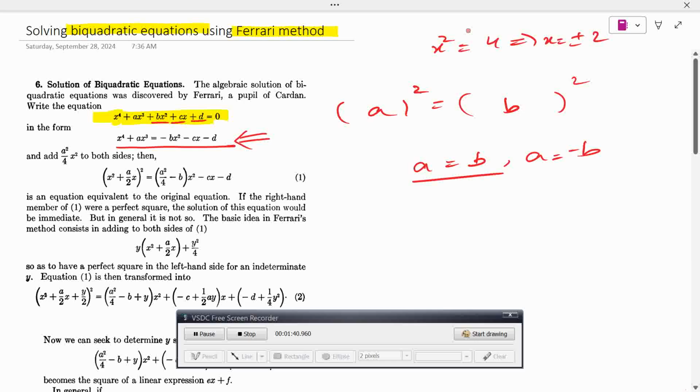Similarly, we will get two equations, and they will be quadratic equations. That is, for this biquadratic equation, we will add some terms to both sides and get perfect squares on both sides. After taking the roots, we will get quadratic equations which we can solve using the quadratic formula.